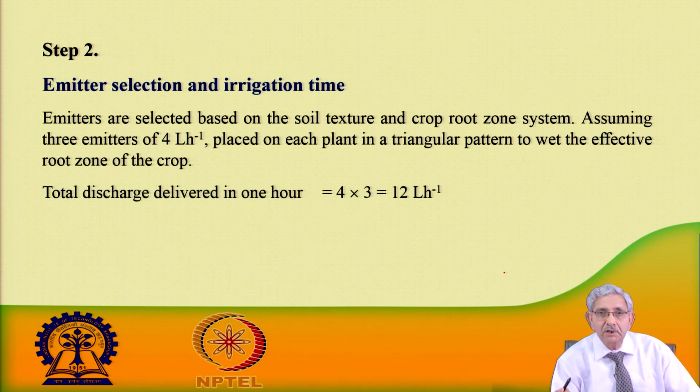Now, this 50 liter per day is to be given with the help of a drip emitter. So, it comes to the selection of an appropriate size of drip emitter, which will be selected considering the soil texture.